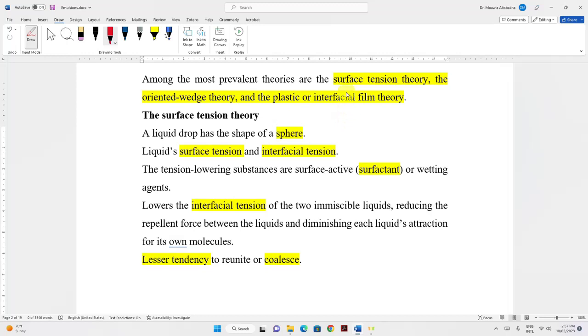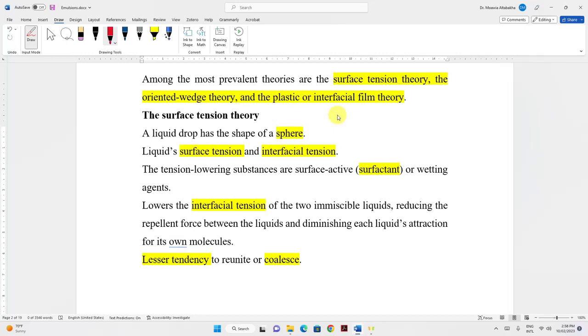Maybe for example one of them is dominating, but there is also the effect of other theories involved in the formation of the emulsion.